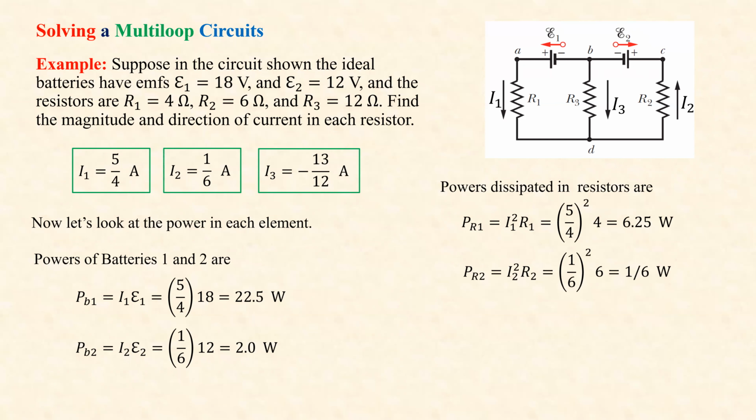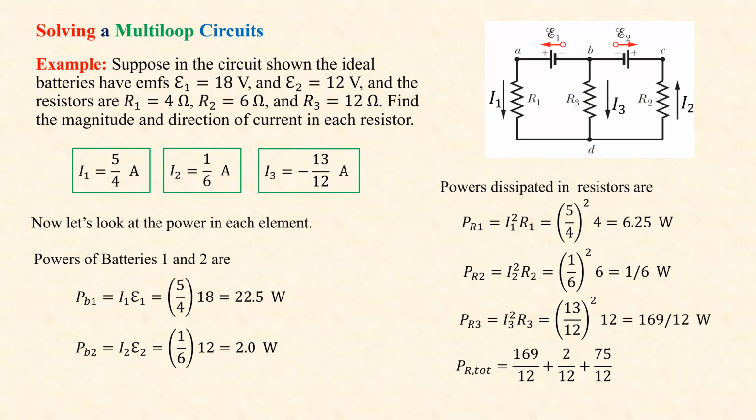And then power in R2, I2 squared R2 becomes 1/6 squared times 6, becomes 1/6 of a watt. And power in R3 becomes I3 squared R3, becomes 13 over 12 squared. It didn't include the negative because it squares anyway, times 12. So that becomes 13 squared divided by 12. It becomes 169 divided by 12 watts.